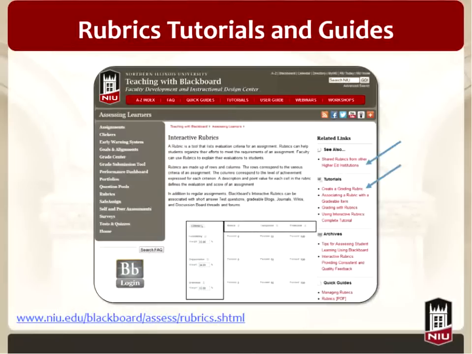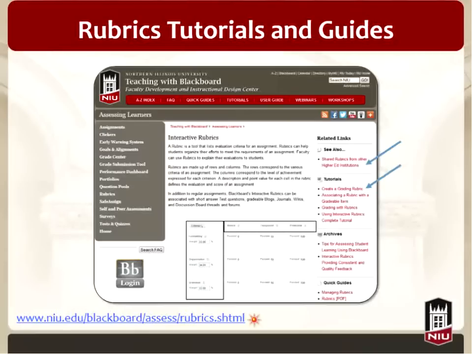They are available as a zip file that you'll find at the link you're seeing here, which is provided below: www.niu.edu/Blackboard/assess-rubrics. You can find this within our Teaching with Blackboard site. If you go to assessments, you'll be able to find our actual rubrics page.